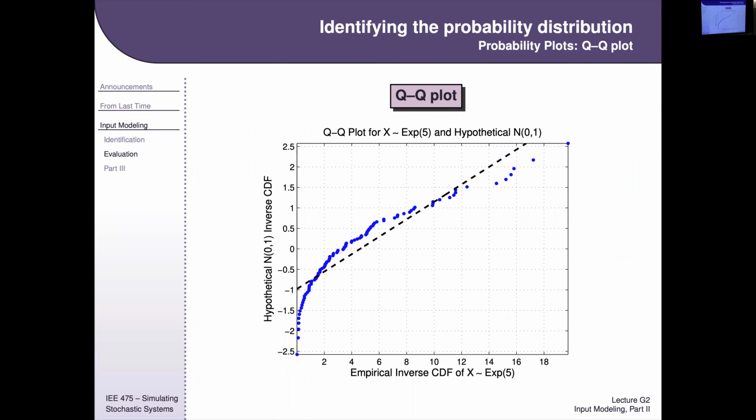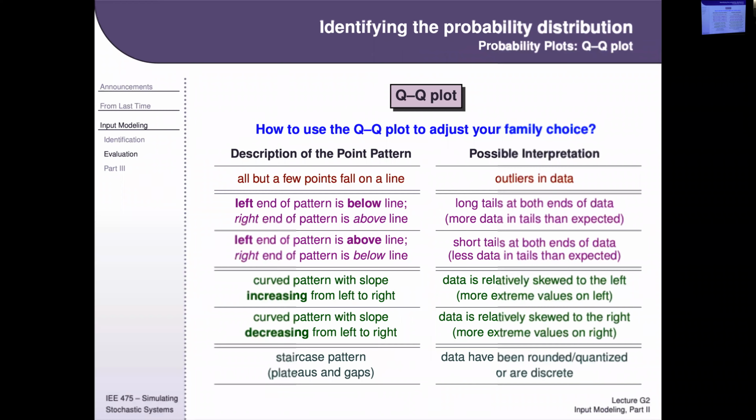Those of you who've taken classes where you've talked about the fat pencil test, they're just using QQ plots and PP plots. We'll talk about both of those plots. You do the QQ first and then you do the PP, and we'll talk about that again next time.